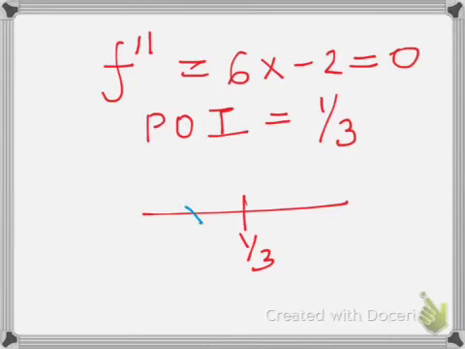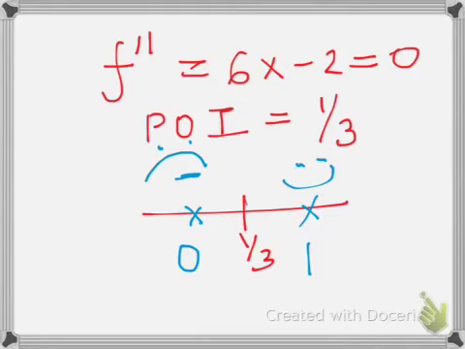Let's take 2 crosses here, this is 0, and let's say this is 1. Plug it into the double derivative. If I plug in 0, I get negative, so the function is sad here, and the function is happy here. And at 1/3, it's changing your concavity, right?